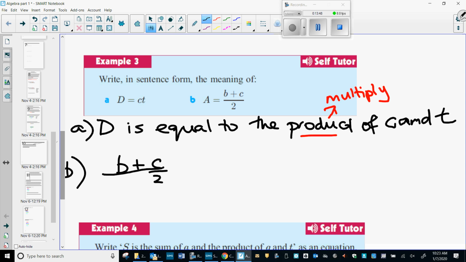Now, it may be that if you say the sum of B and C divided by 2, you would automatically do it like that. That's fine. But we do need to make sure that if you just see it written down, you would do the right thing. Because I can say the sum of B and C divided by 2. Those words are all exactly the same, but the way I stopped would make me write this one instead. Do you understand what I'm trying to say?